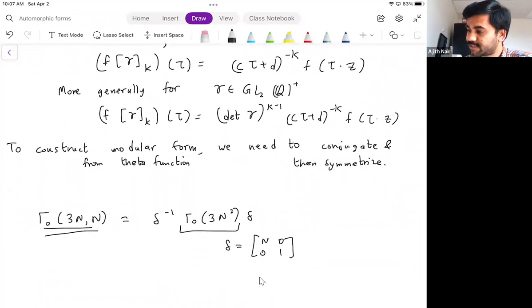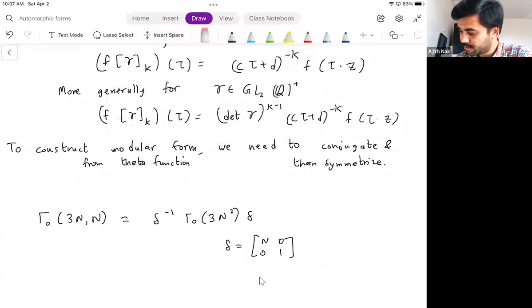So we take this delta (N, 0; 0, 1). Then, as I told you, this Gamma naught 3n squared is a conjugate of Gamma naught 3n comma n.